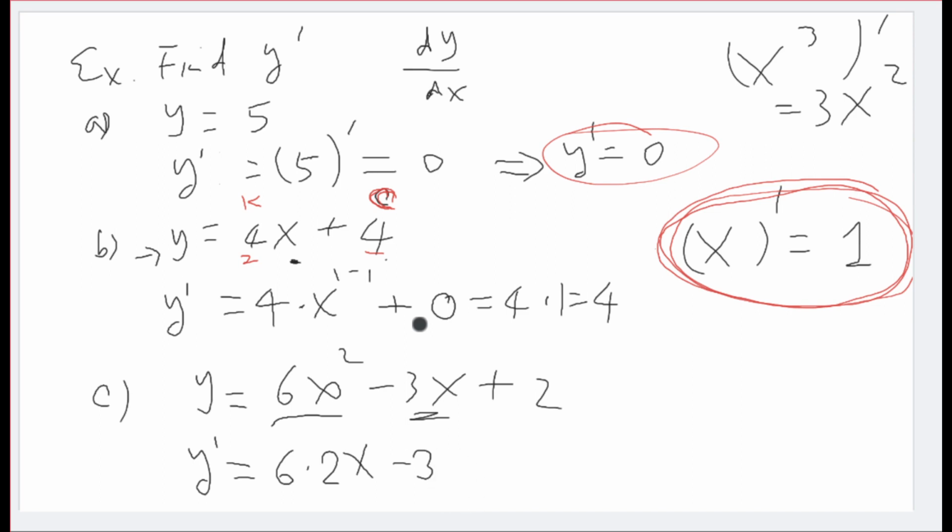It'd be 3 times 1, which is 3. Well, 2 is like a c kind of constant. It's a constant term by itself, so the derivative of that is 0. You're going to simplify this anyway. 6 times 2, so it's fine. So 12x minus 3. All right.